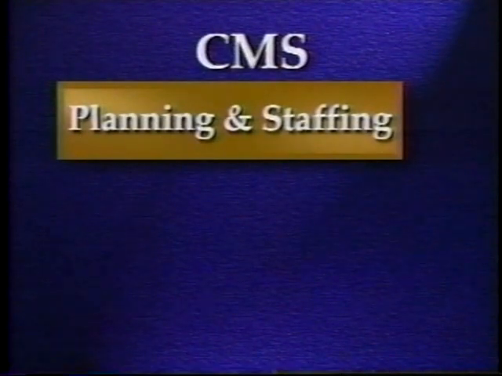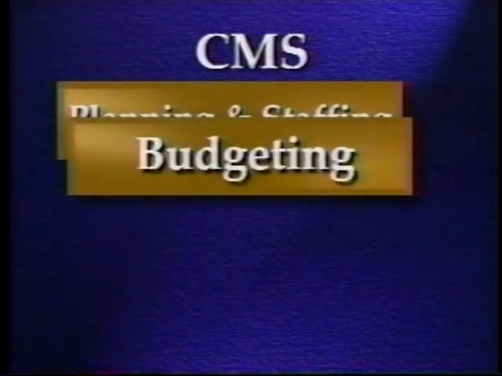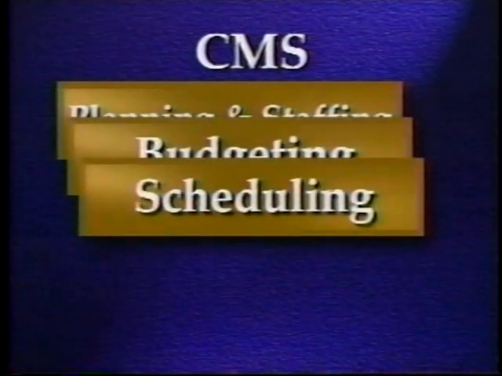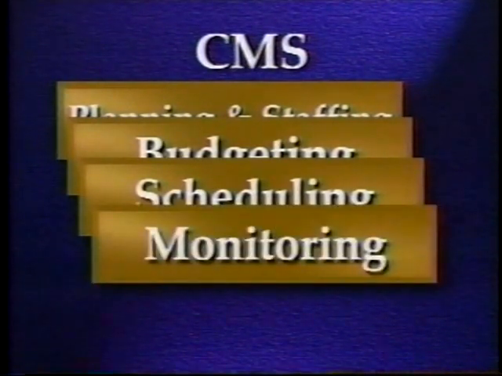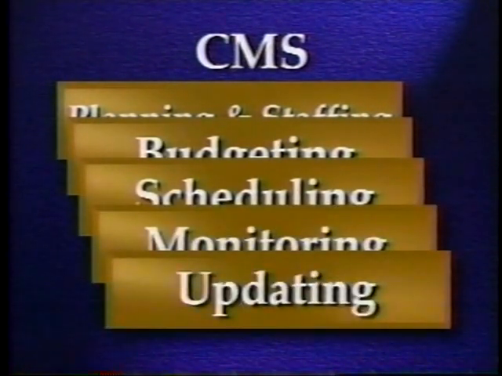The major elements of the CMS are planning and staffing, budgeting, scheduling, monitoring, and system updating. This program will provide an overview of the entire CMS. The following 4 tapes in this series provide details on each of the major system elements.